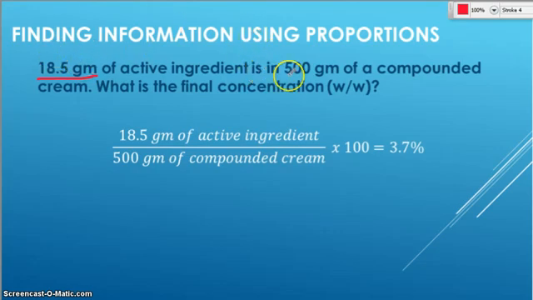We don't have to add it because it's already in it. It tells us right here, is in. So 18.5 in 500. We're going to divide those and then multiply by 100, and I rounded to the nearest tenth to get 3.7%. So make sure you're looking for those key terms. It's in or is added to or whatever, but just make sure you're looking for those key words.